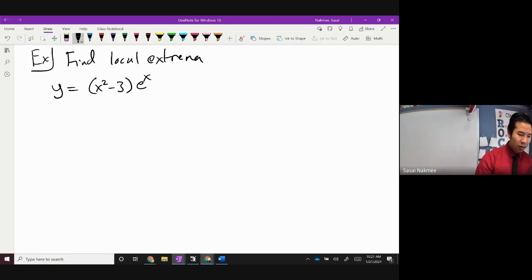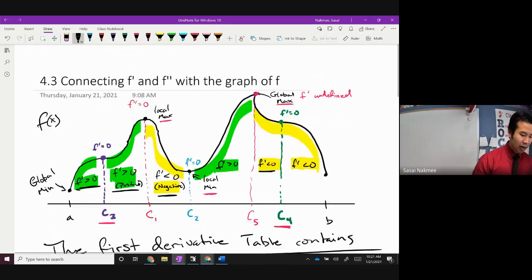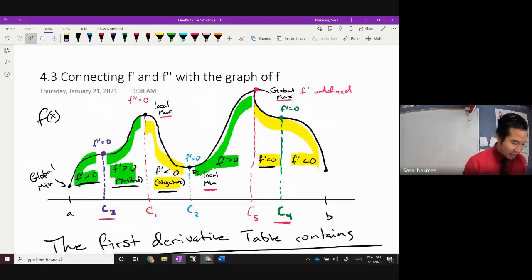Check this out. Before we actually do this problem, let me go back to this beautiful graph I drew for you guys. Look at this critical point, C is equal to 3 right here. Do you see how the derivative is equal to 0, but the derivative is increasing to the left of it and increasing to the right of it? It's not a max or a min, it's just a flat point, a flat tangent line.